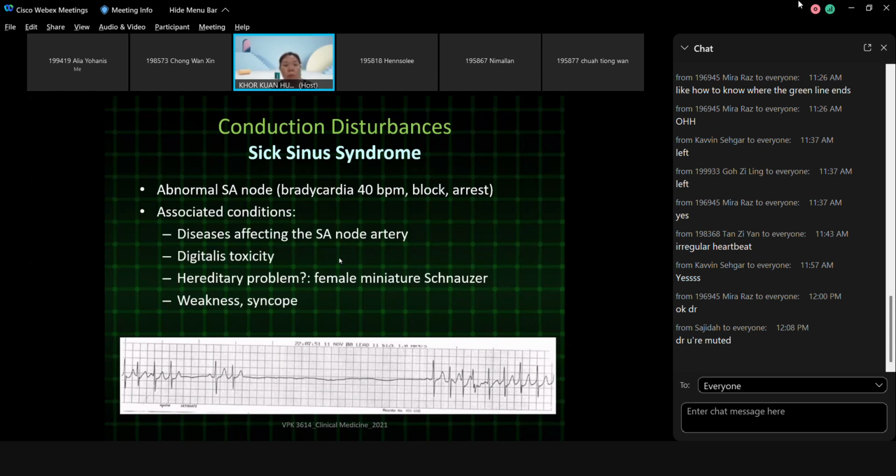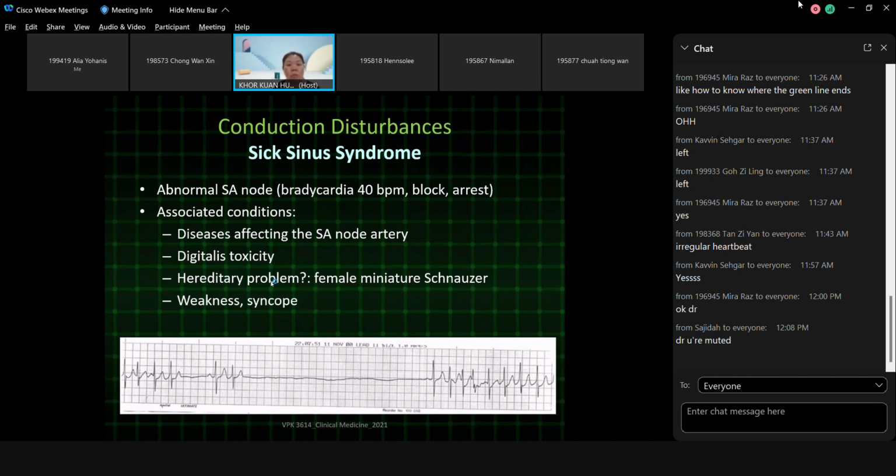So the problem associated with this sick sinus syndrome is that it's affecting the SA node artery. Okay, remember, sinus, so sinus node artery. So this problem lies in the right atrium. And it could be influenced by digitalis toxicity.